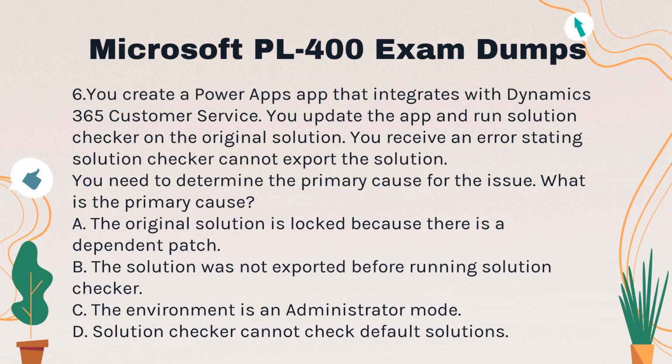What is the primary cause? A. The original solution is locked because there is a dependent patch. B. The solution was not exported before running Solution Checker. C. The environment is in administrator mode. D. Solution Checker cannot check default solutions.